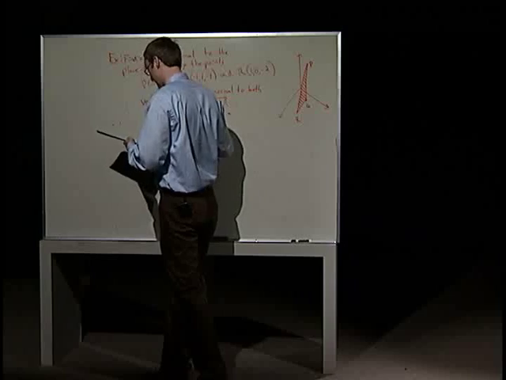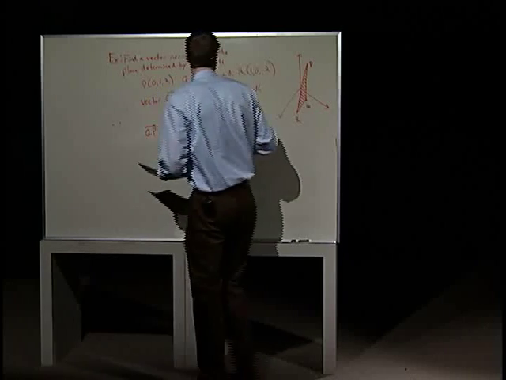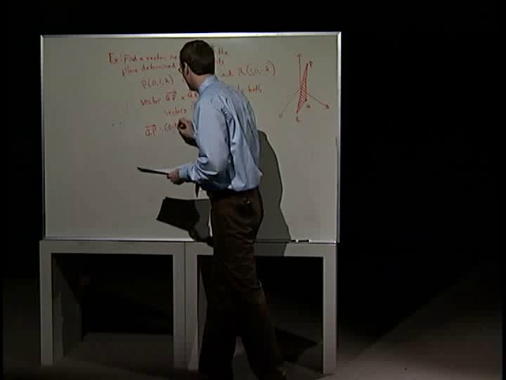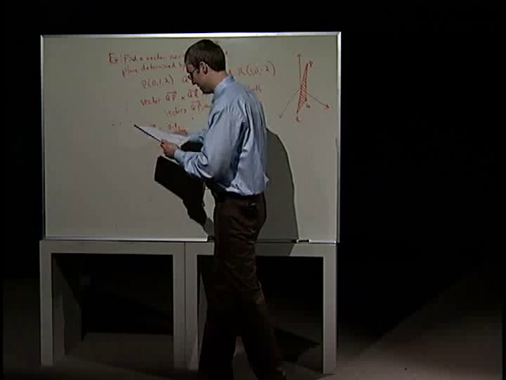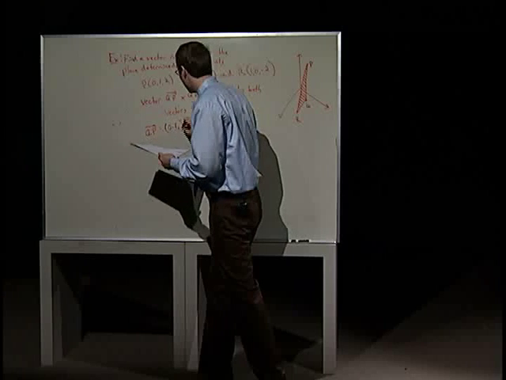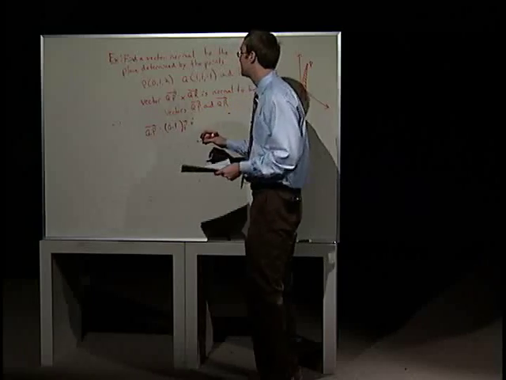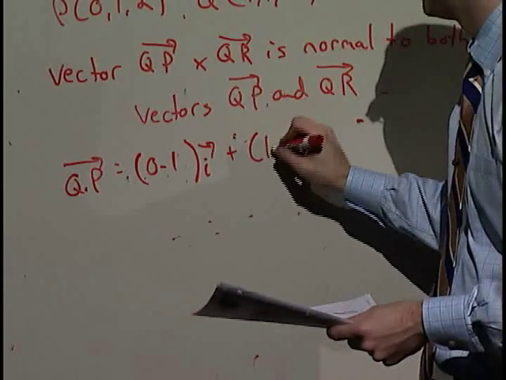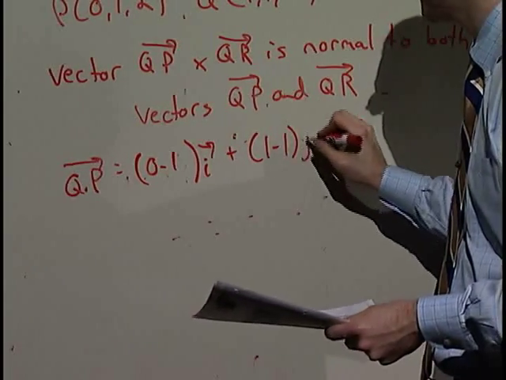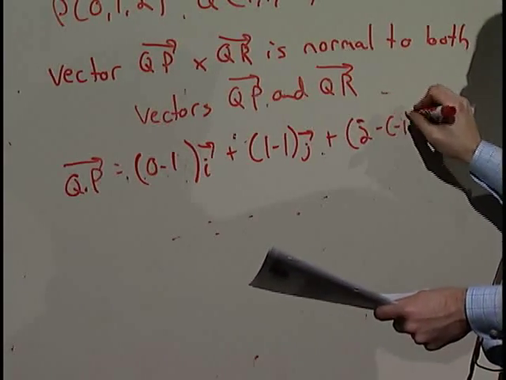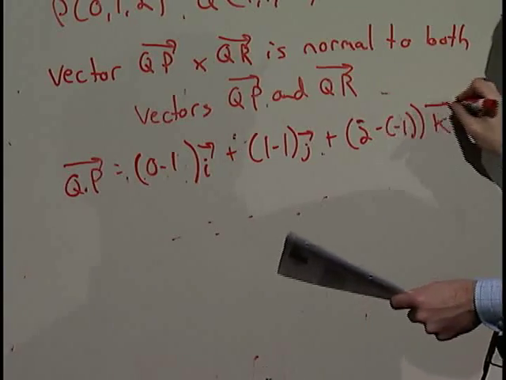Okay? So let's see here. QP is what? Going from Q to P is 0 minus 1. I'll use the i notation. So 0 minus 1 i plus 1 minus 1 j plus 2 minus negative 1 k.